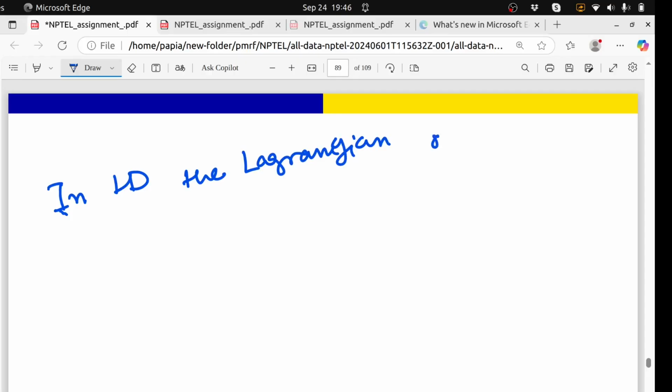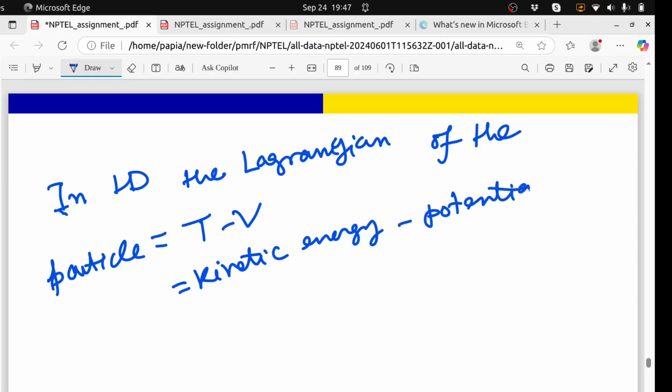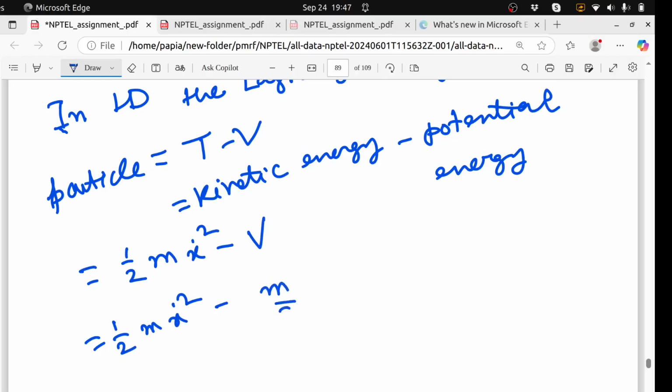So in 1D the Lagrangian of the particle is T minus V. So the answer will be half m x dot square minus V, so half m x dot square minus m by 2 omega square x square plus mu x to the power 4.